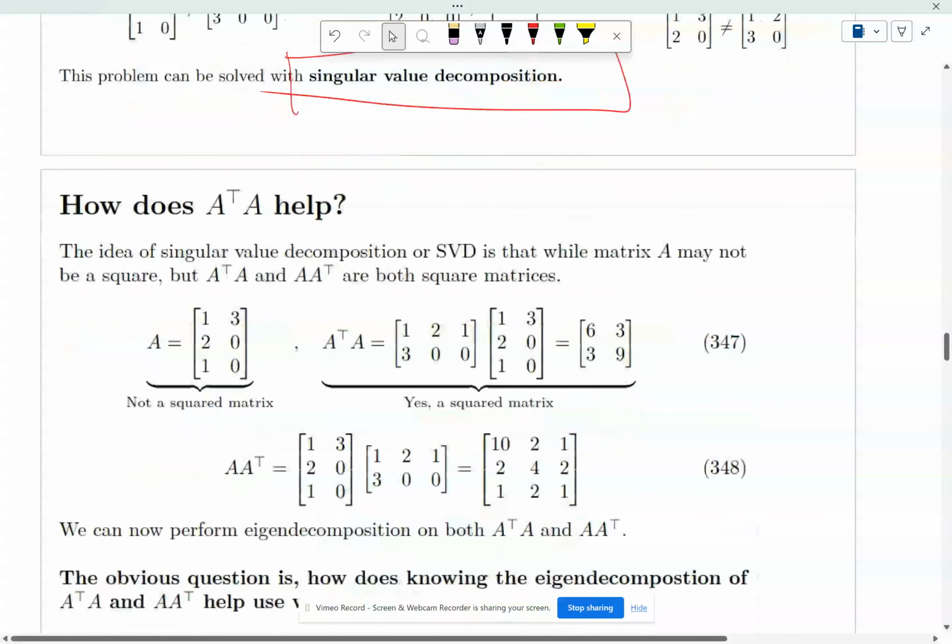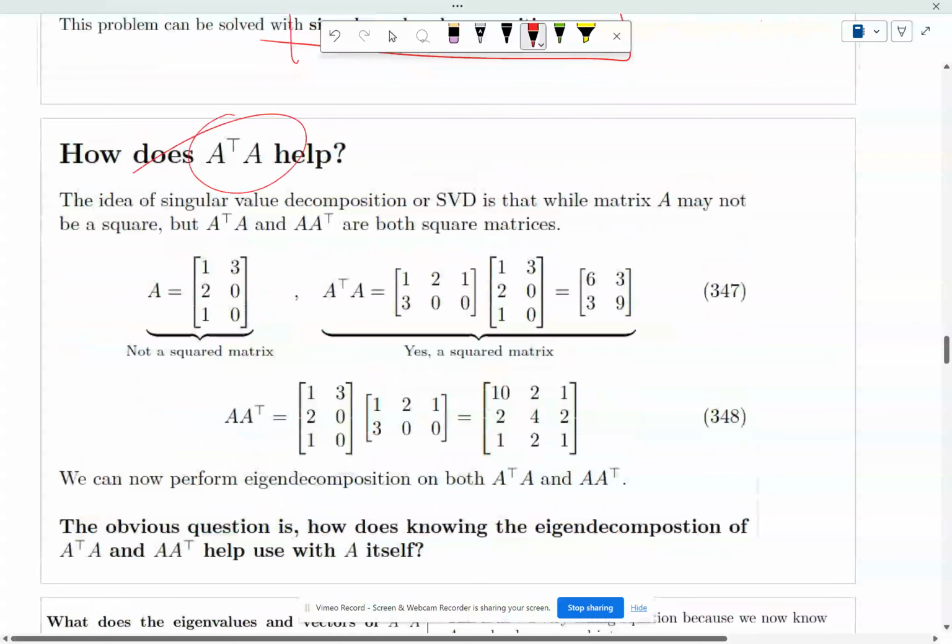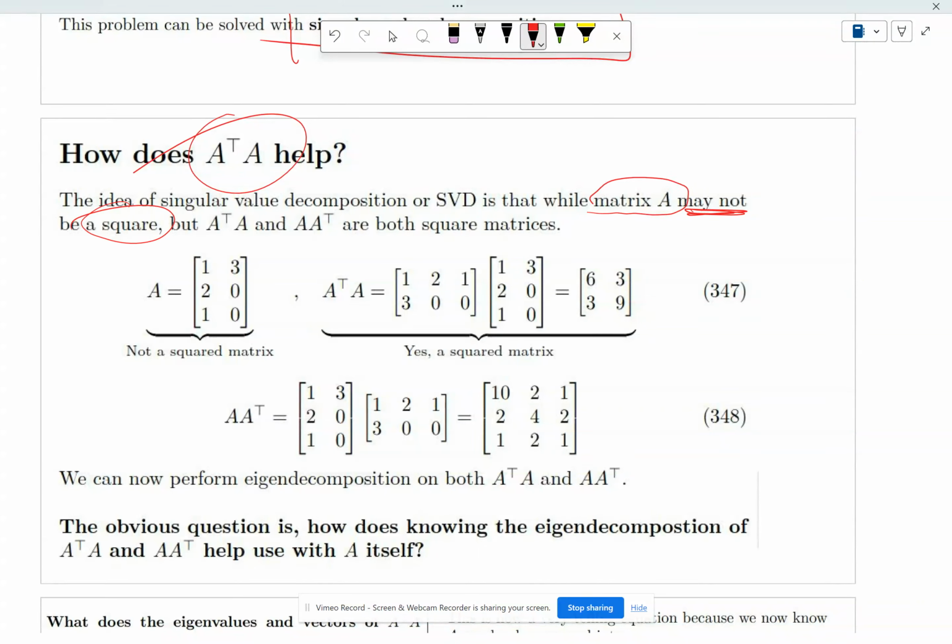So, with singular value decomposition, essentially we're multiplying the matrix A by its transpose. The idea is that while matrix A may not be square or symmetric, A transpose A and AA transpose are both square and symmetric.